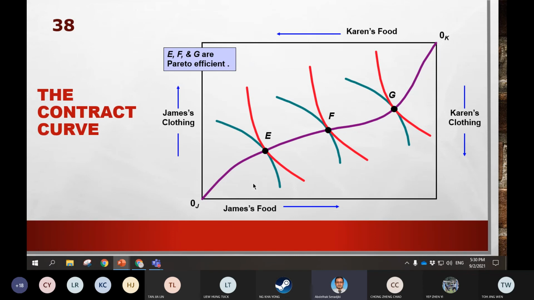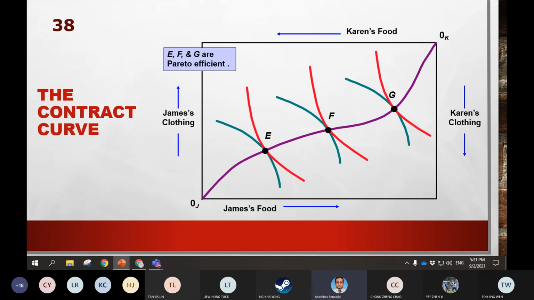We have point E, it is efficient because the indifference curve of James and the indifference curve of Karen are tangent at E. And this is also true at F and at G. As I say, the contract curve shows all allocations from which no mutually beneficial trade can be made. So here the allocations are efficient because there is no way to reallocate goods to make someone better off without making someone else worse off.